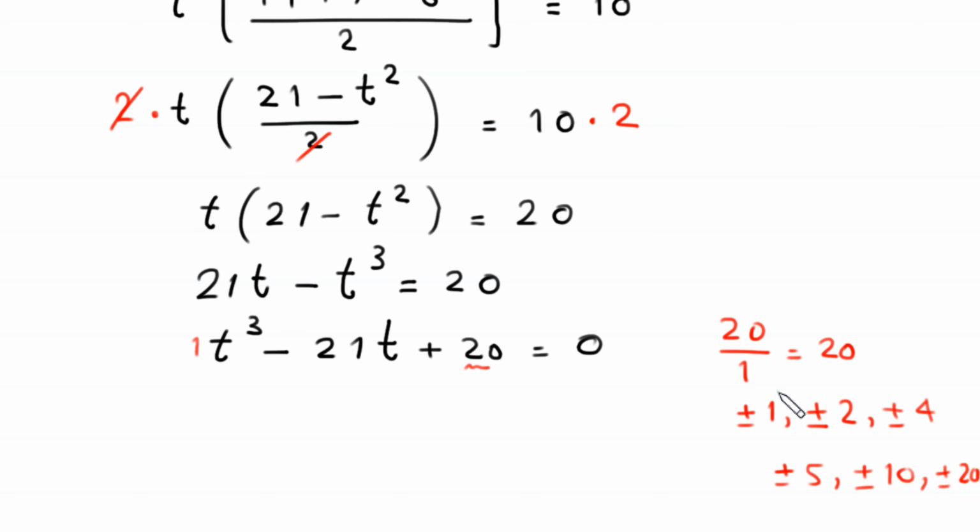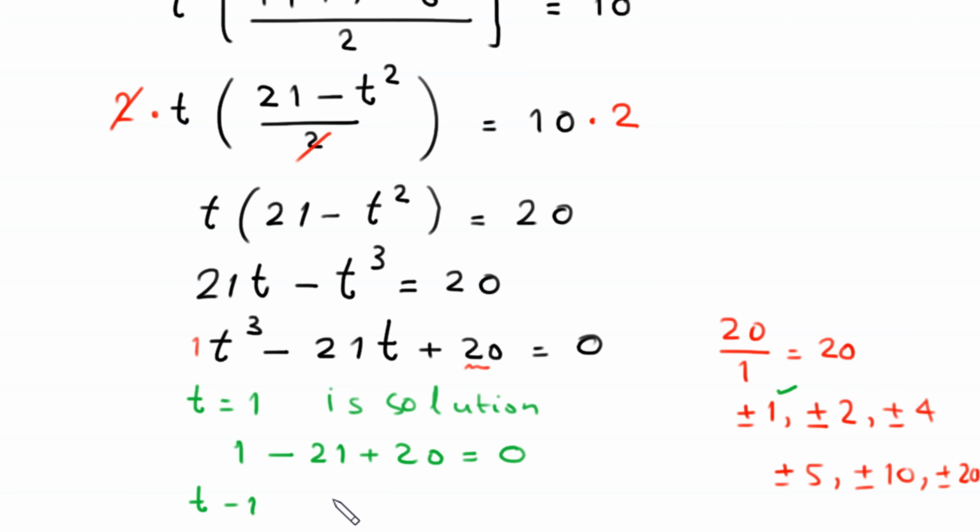If we check t is equal to 1 in this equation, then this will become 1 cubed is 1, minus 21 times 1, 21, plus 20 is equal to 0. So this is true. It means that t is equal to 1 is a solution of this cubic equation, which means that t minus 1 is a factor of this cubic equation.